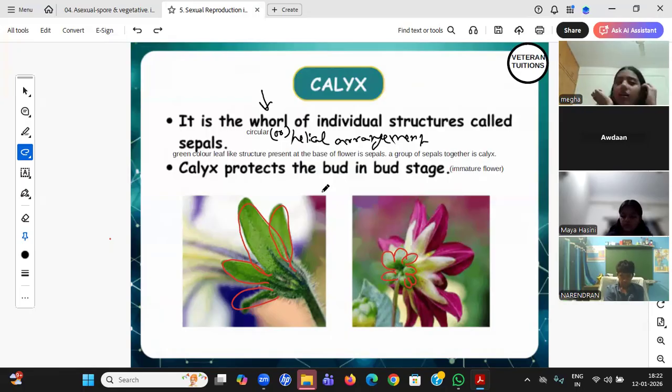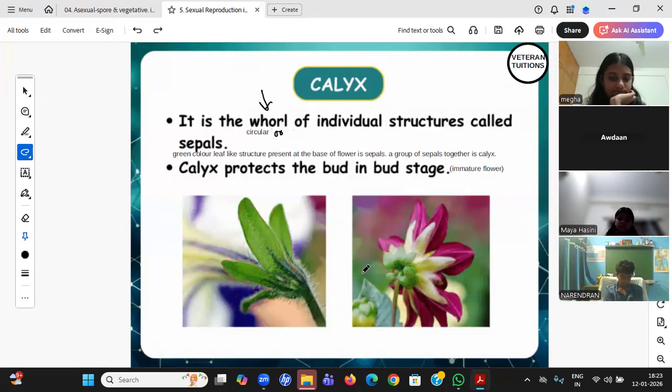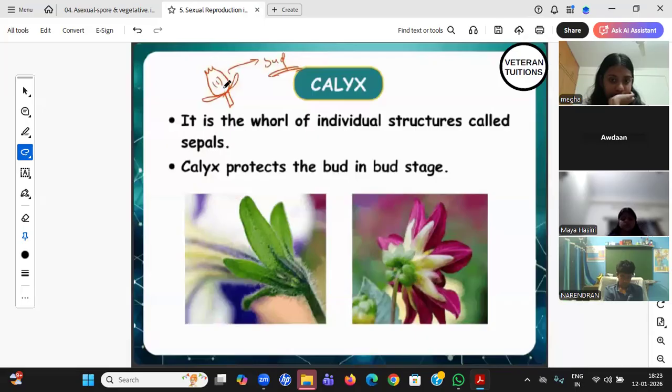So whenever I'm saying calyx, it is nothing but sepals arranged in a circular form, or helical form also you can say. Green leaf-like structures. Now sir, why are they arranged so? What is the purpose? First of all, students, they protect the bud in the bud stage. What is the bud stage? An immature flower, something like this. You see, it's very small.